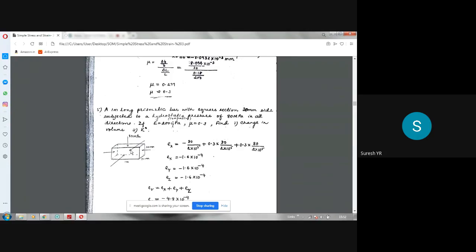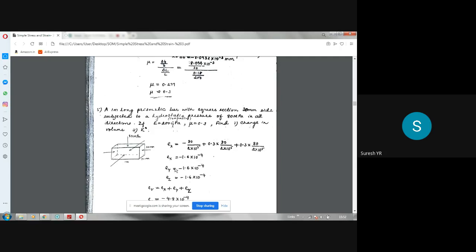So stress means here pressure. So pressure is external effect, stress is internal effect. Values will be the same. So here plus 0.3, because in z direction also it is compression. The effect of that in x direction will be tension. So it is plus 0.3 into 80 divided by the same. So if you simplify this, you will get Ex this much.